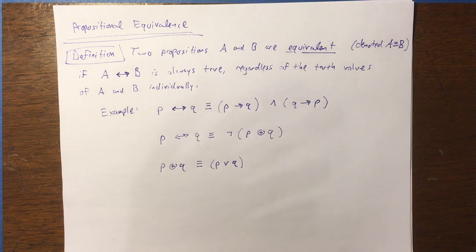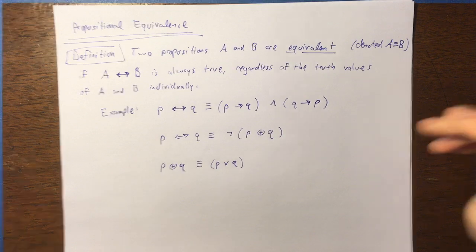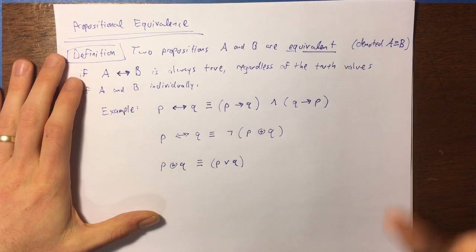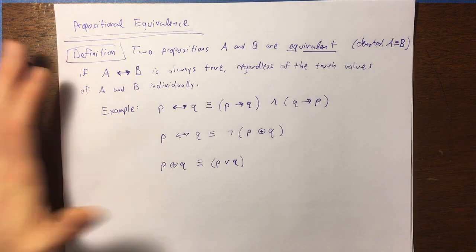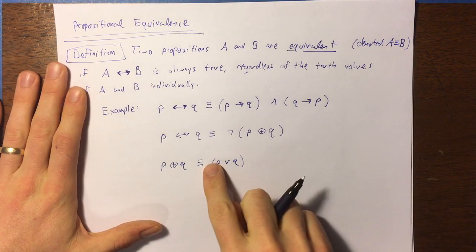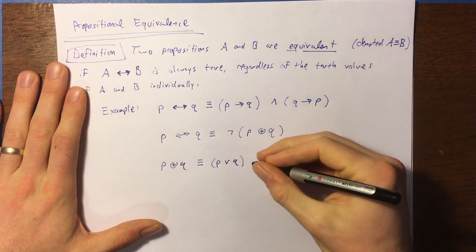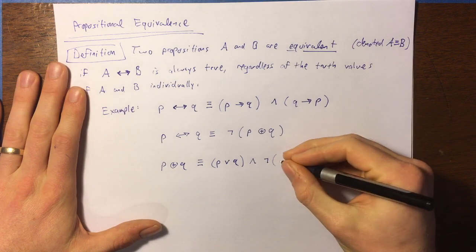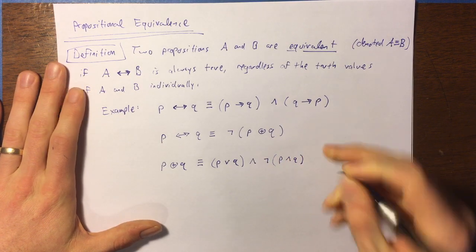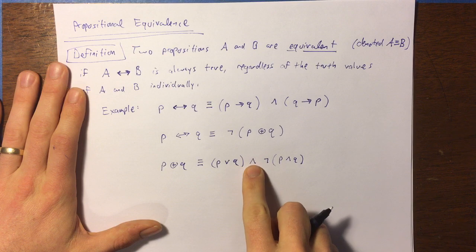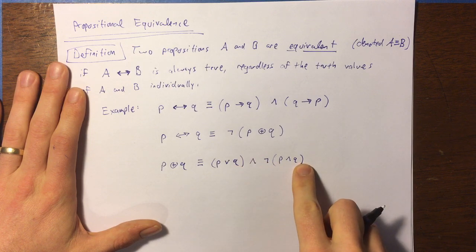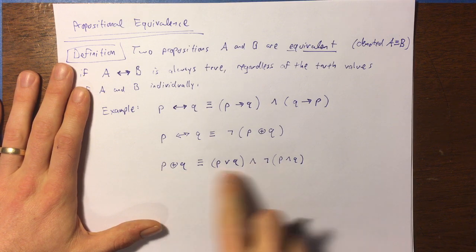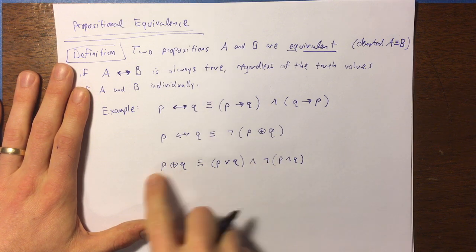It sets up an expectation that there's going to be a not coming right after it. But logically, the word but is equivalent to and. So when we say P or Q but not both, it's like saying and not both. And both would be P and Q. So this is literally P or Q and not P and Q, right? So this is essentially, by definition, what XOR is saying.